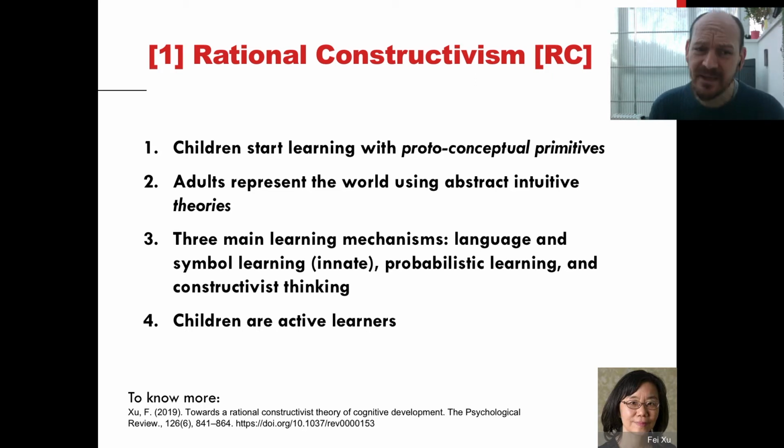The third idea is that there are three main learning mechanisms. One of them is innate, so it's our ability to produce grammar or to understand the structure of the world and to elaborate symbolic knowledge about things.